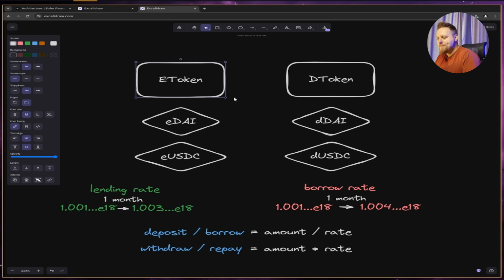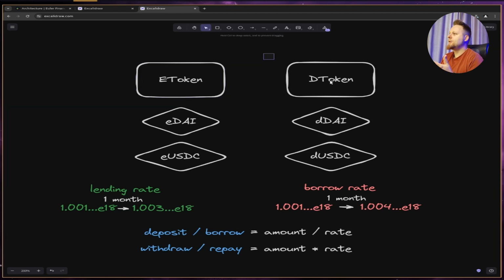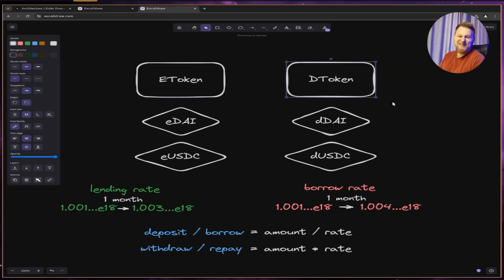This is the token that represents the collateral you put into the system, and it is there to give you yield from putting money into the protocol. And you have the opposite token, the D token, which is the debt token, and it just means how much you borrowed from the system.